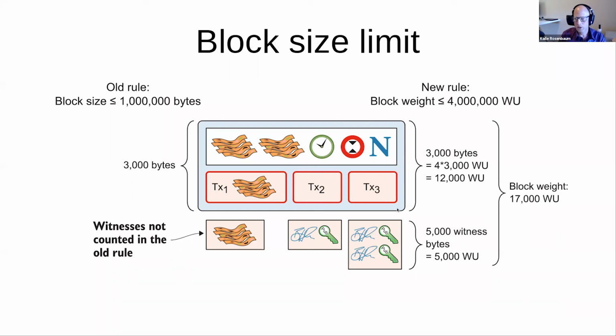If we look just at the base transaction, 1 byte equals 4 weight units. So these 3,000 bytes will equal 12,000 weight units. But if we look at signature data, we count 1 byte as 1 weight unit. So 5,000 witness bytes would equal 5,000 weight units. So this block weight here is 17,000 weight units.